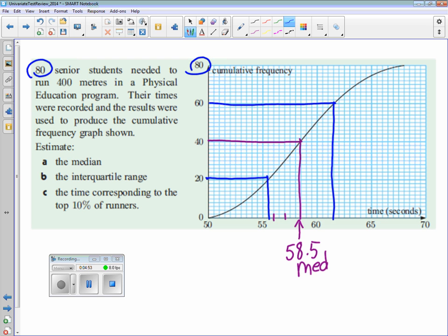So remember that we're always using the numbers on the horizontal scale. So this is going to be 55.5. Good. And this one is 61.5. Very good. So if we go ahead and subtract those, we get what?